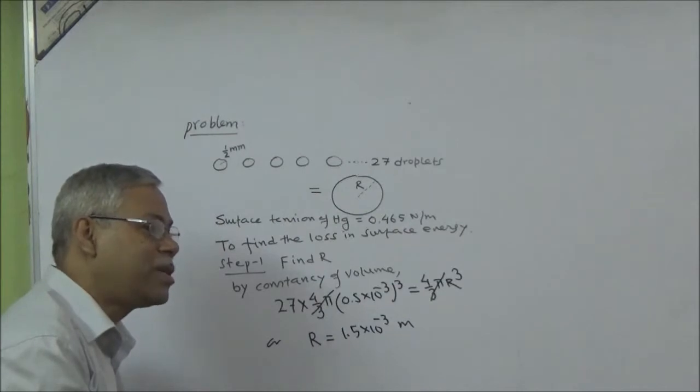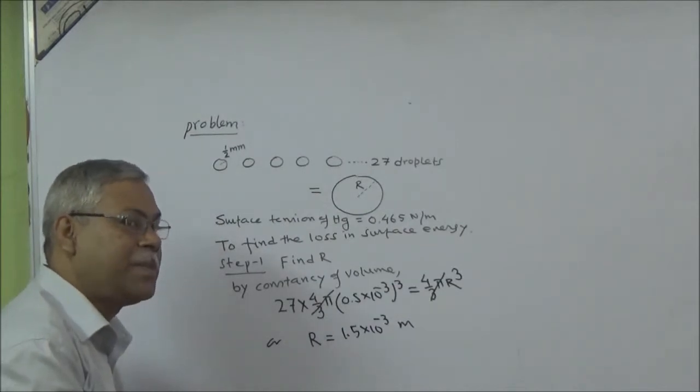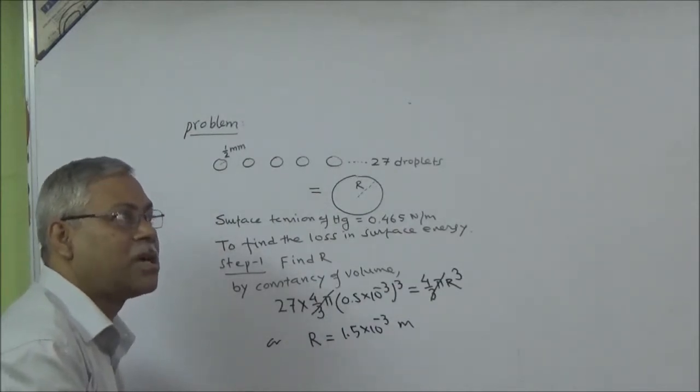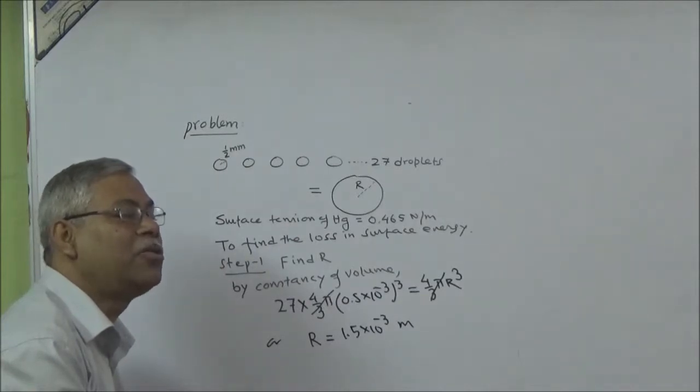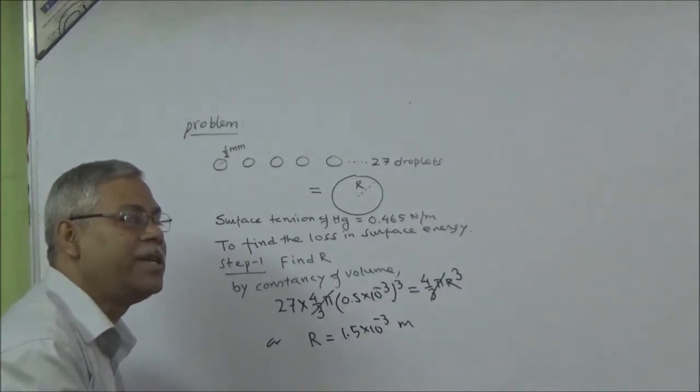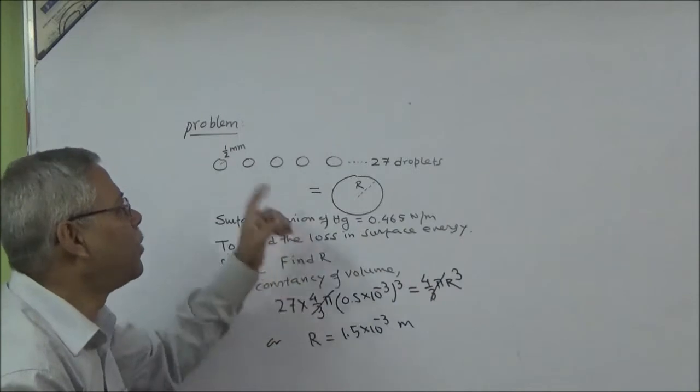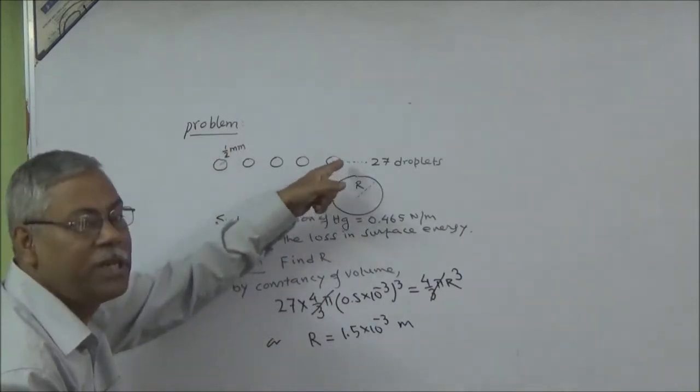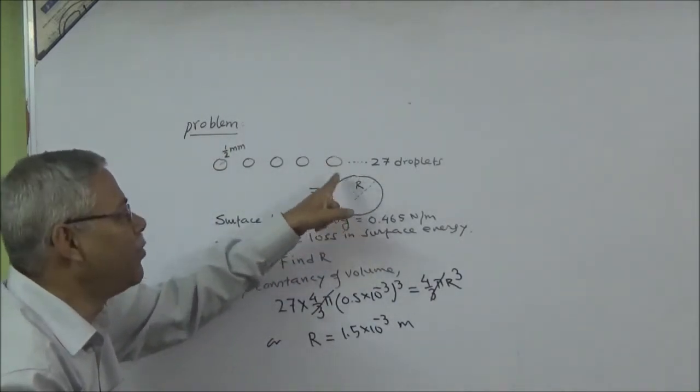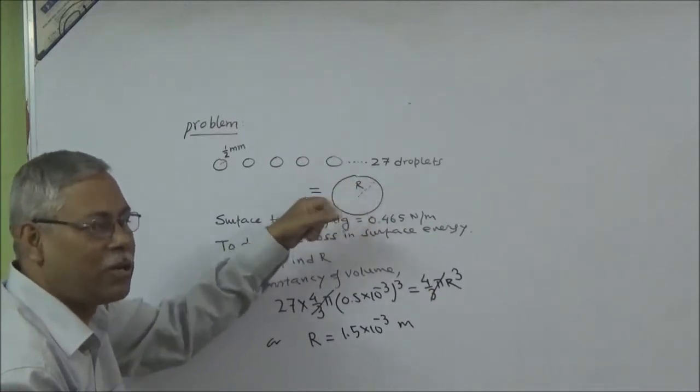Now what will you calculate? Surface area. Because change in surface energy equals surface tension into change in surface area. So first we will calculate the total surface area of 27 droplets, then we will calculate the surface area of this single drop.